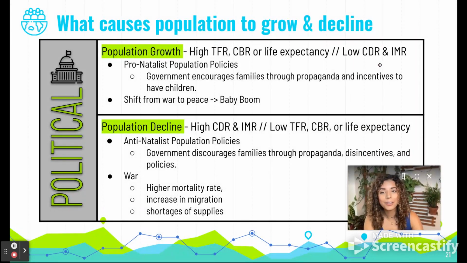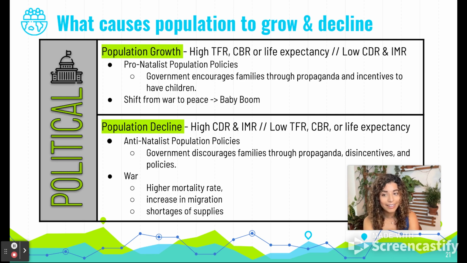All right, and political. So for population growth, we have something called pro-natalist population policies, or AKA the government wants families to grow. So they try to provide incentives to have children. Another political reason would be the shift from wartime to peacetime. That's caused something called the baby boom, which we'll talk about a little bit more in a second.